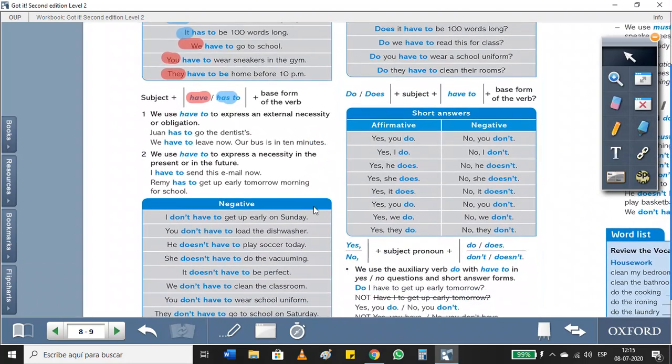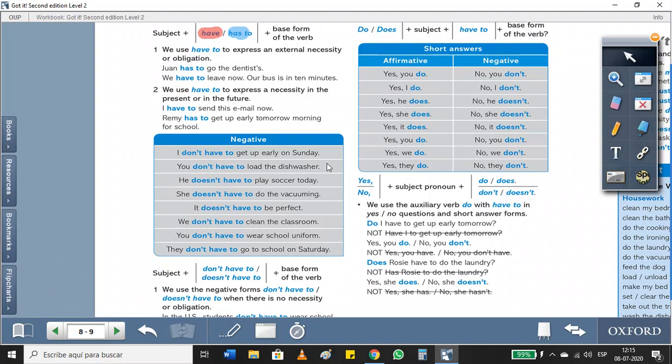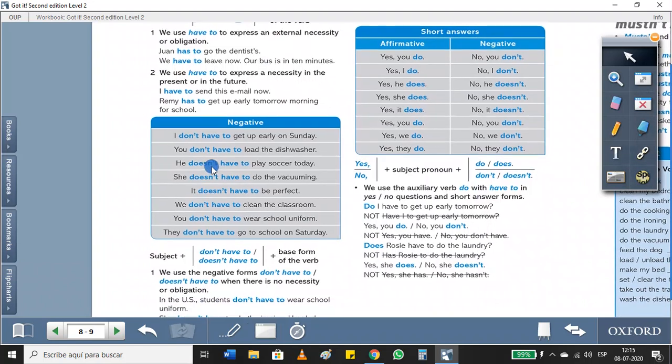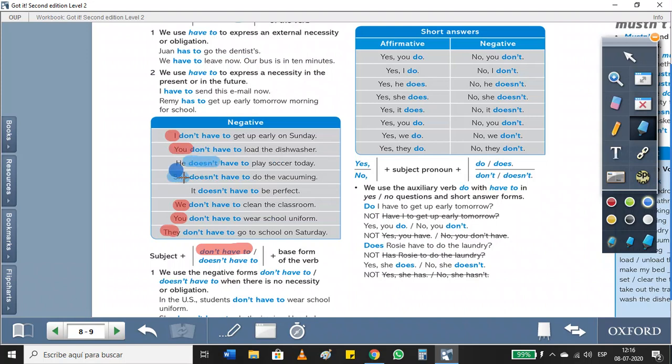In the negative statements, we're gonna include don't and doesn't, okay? It's the same, basically. The red ones, I, you, we, you, and they, are gonna be with don't have to. And the blue ones, doesn't, o sea, he, she, and it, are gonna be with doesn't have to.